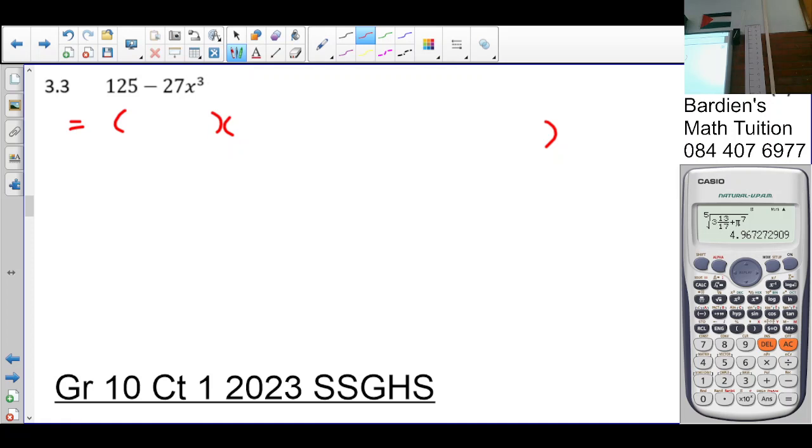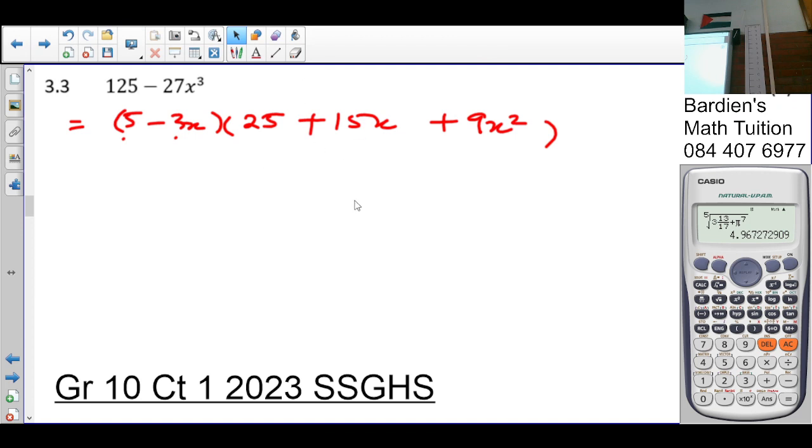Remember, this trinomial won't factorize, okay? So the cube root of 125 is 5 minus 3x. So what we do is you square the first term, which is 25. Opposite operation is plus. 5 times 3x is going to be 15x, and negative 3x all squared is positive 9x squared. Okay, is there any confusion there?